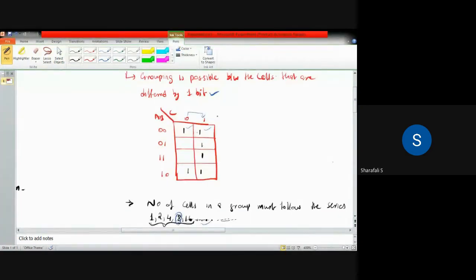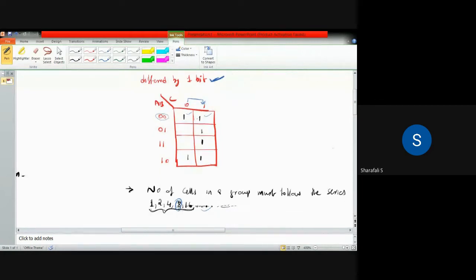So first let's consider these 2 cells. Their bit changes from 0 to 1, and this one is common. So only 1 bit is changing, so this condition is valid. Then you have to check the second condition, whether it follows this particular series.